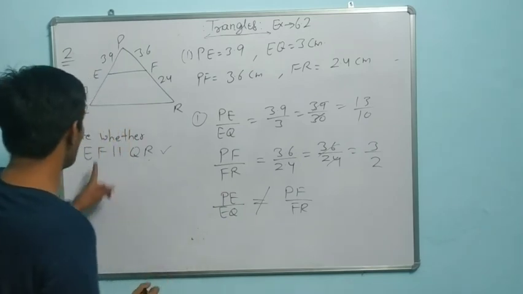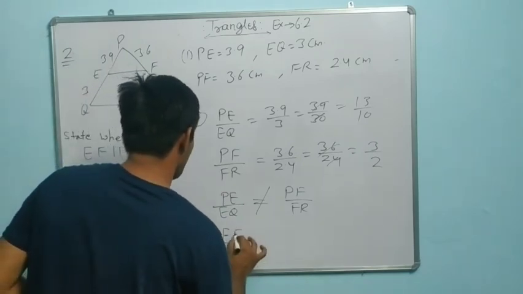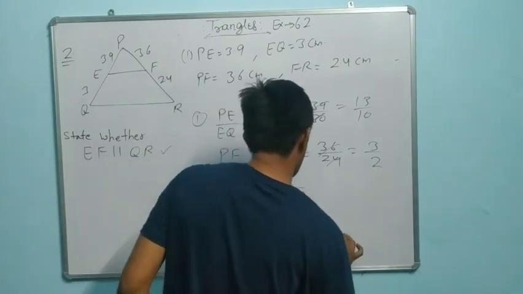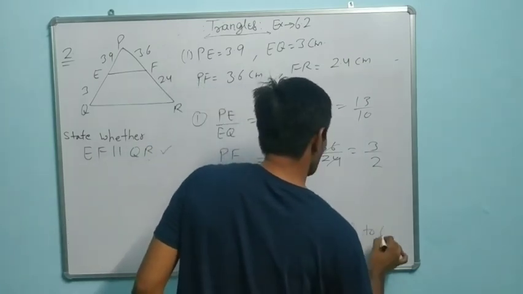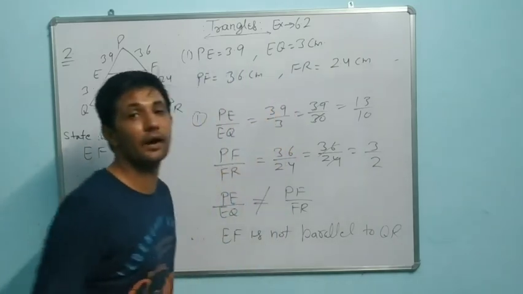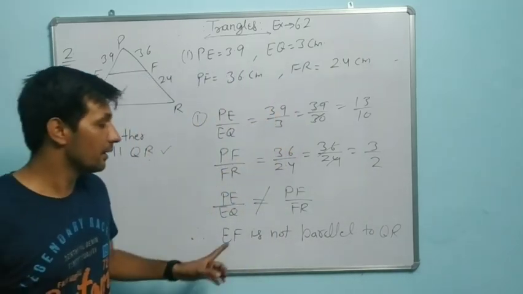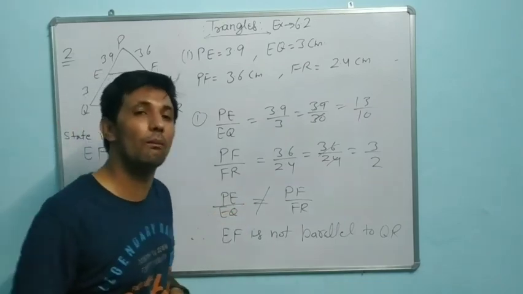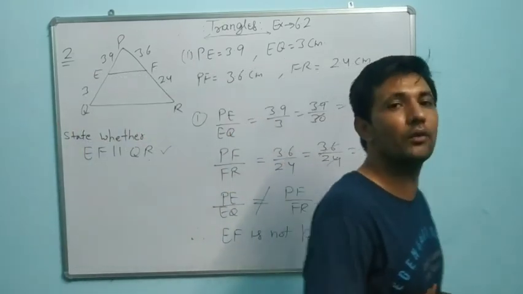So therefore EF is not parallel to QR. In what case are they parallel? If ratios are equal, by using the converse of Thales theorem.